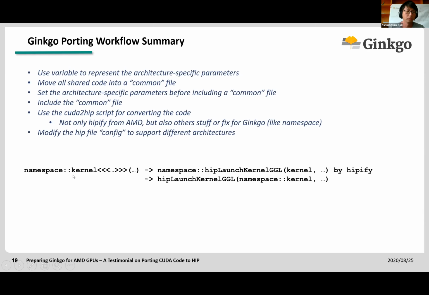In CUDA, we call the CUDA namespace kernel here, but after hipify it is just converted to namespace hipLaunchKernel here, but it will give an error message. So we need to move the namespace next to the kernel name. So we also handle it automatically in the script. And after that, we get the HIP file, so we can modify the HIP file parameters to support different architectures.